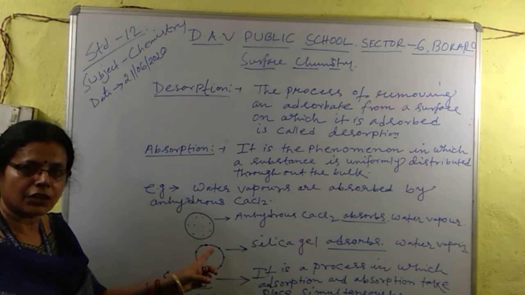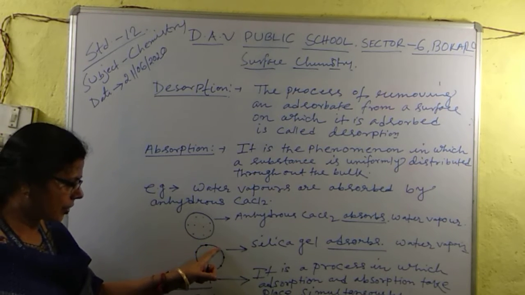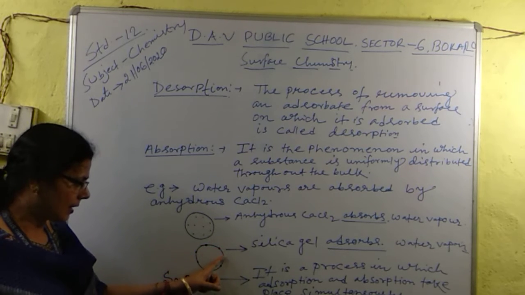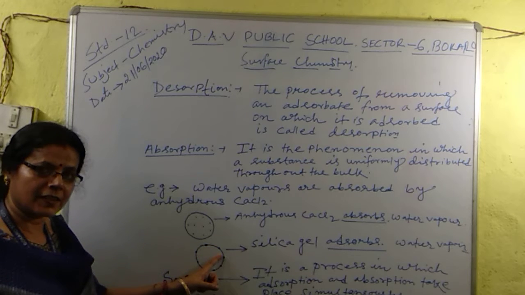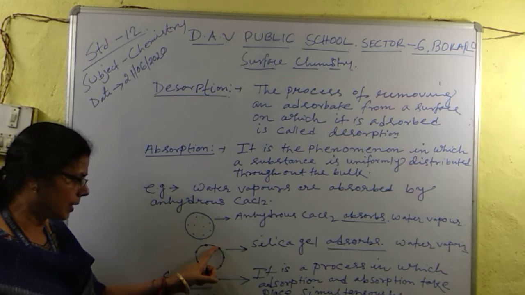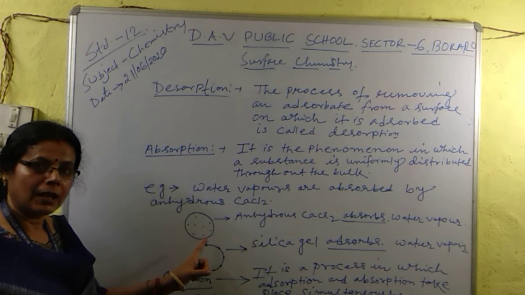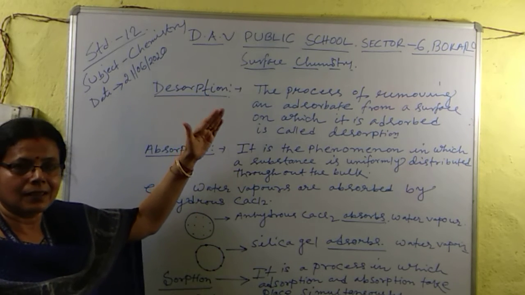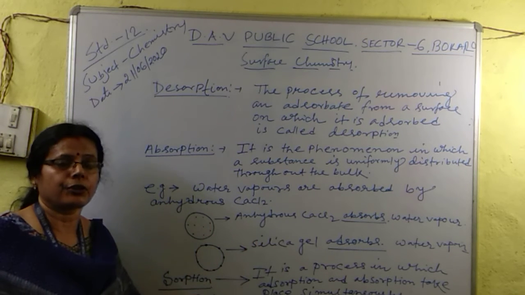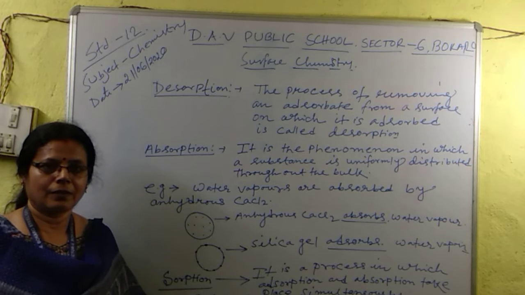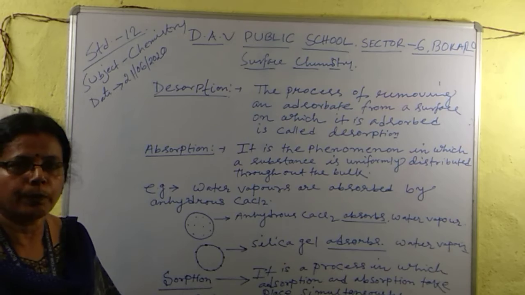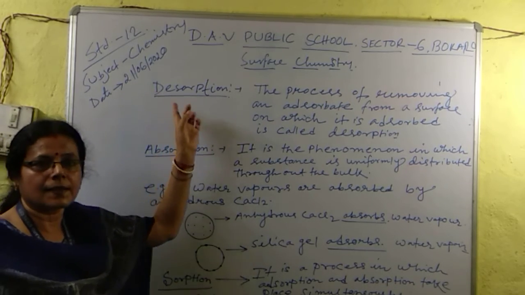The dot symbols are the adsorbate, and the surface of the adsorbent is given, with adsorbate adsorbed on the surface of the adsorbent. Now desorption is the removal of adsorbate from the surface of the adsorbent. So this is desorption.